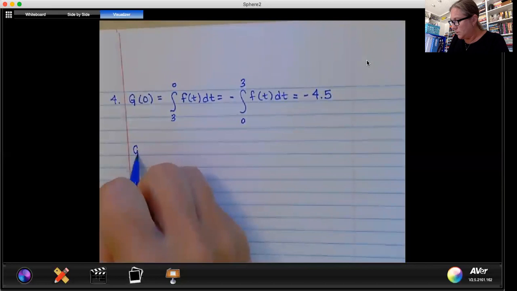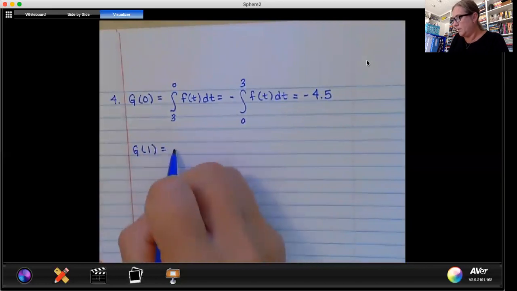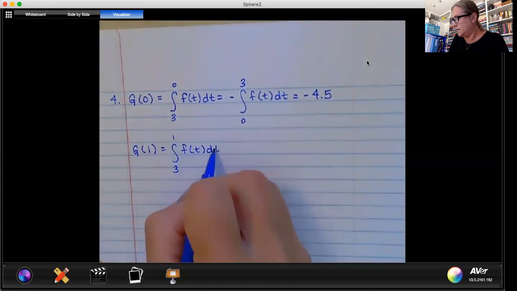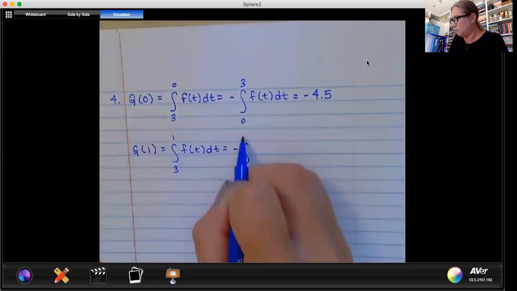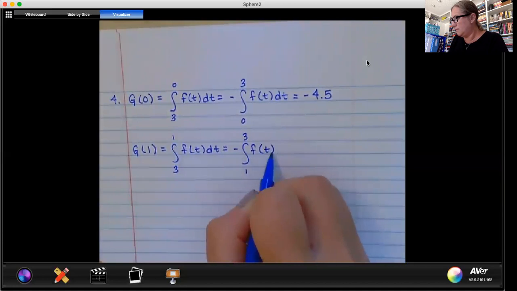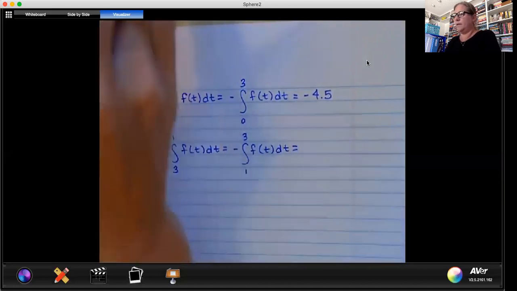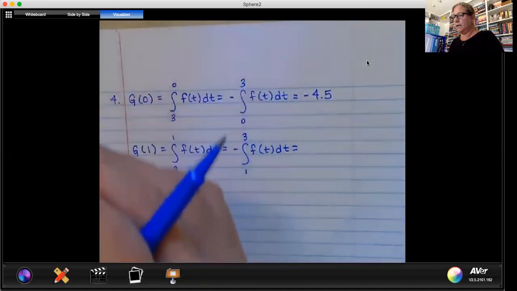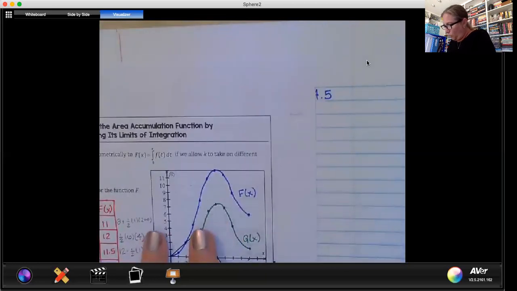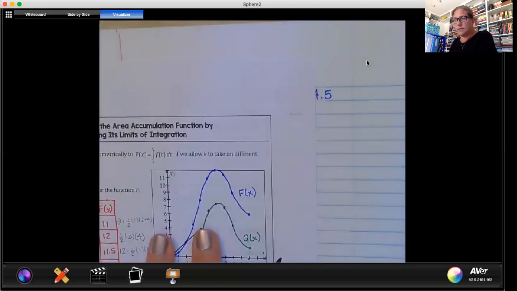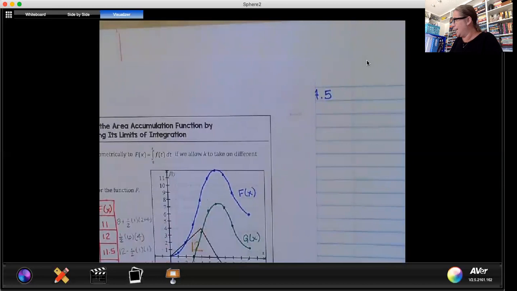So now we're going to do g of 1, integral from 3 to 1 of f of t dt equals negative integral from 1 to 3 of f of t dt. Now, keep in mind we're looking from 1 to 3 with that original function. I'm going to highlight that so that it's easier for you to see.